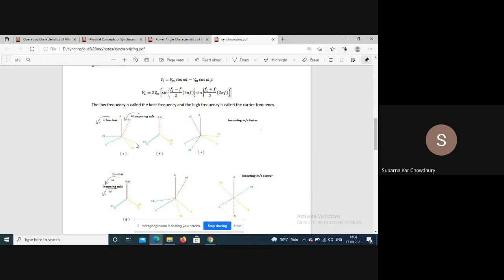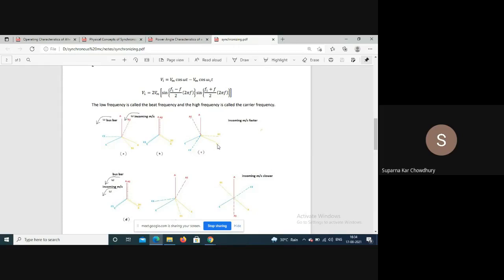For this figure, this voltage between B and C1 was maximum. Here it is more than the line voltage. Here the voltage across B and C1 is equal to the line voltage. Now here it will be less than the line voltage. As the phasor rotates, this point will come here.